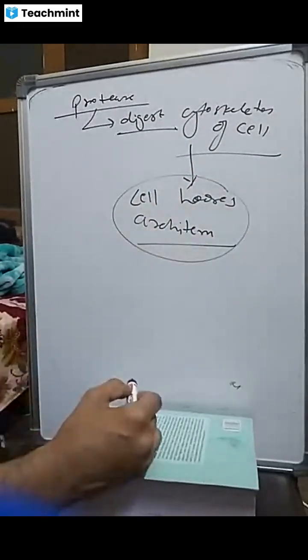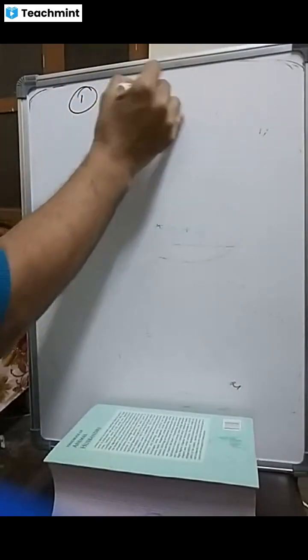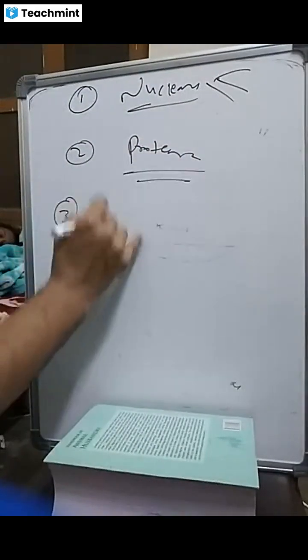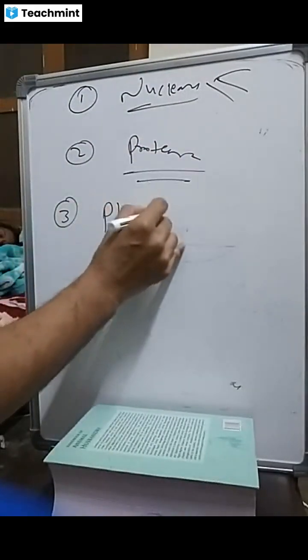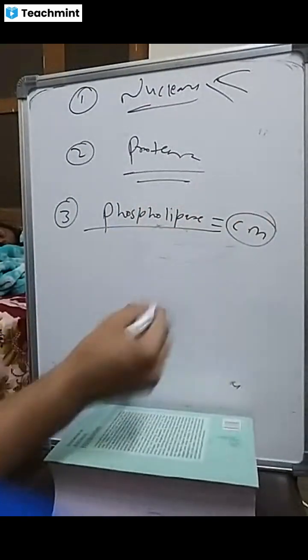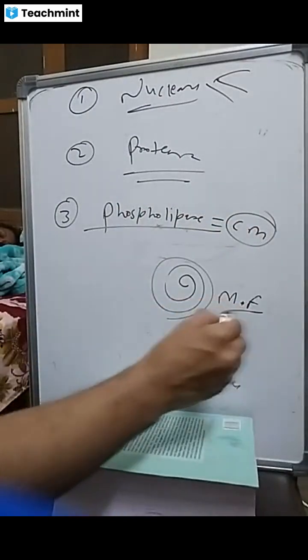So first was nucleases, which give three types of nuclear changes. Second is protease, and third is phospholipase. Phospholipase will destroy the cell membrane, leading to the formation of a large number of myelin figures.